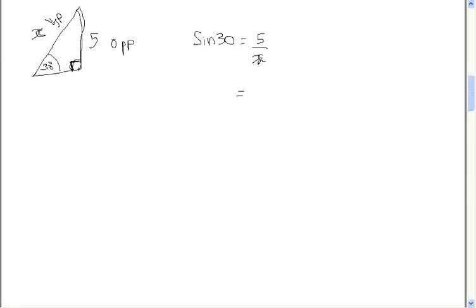So first I'm going to multiply both sides by x, just to show that whatever I do on one side, I do the same on the other. So I get x sine 30 and I get 5 because these two x's cancel out. And then I'm going to divide both sides by sine 30.